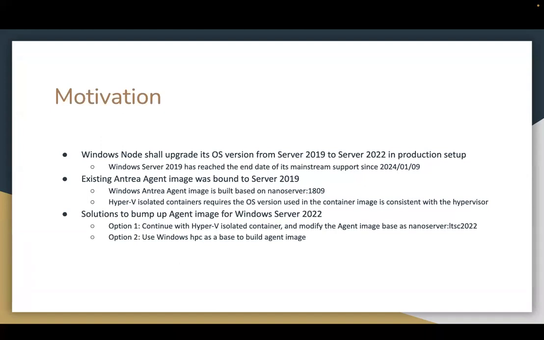The first option is that we can continue using Hyper-V isolated containers and modify the agent image base to use Nano Server 2022. But if we use this solution, we may not be able to use the Antrea agent image compatible with Server 2019 in the future anymore.